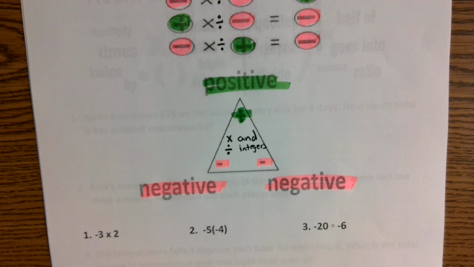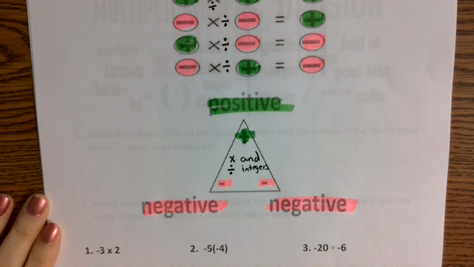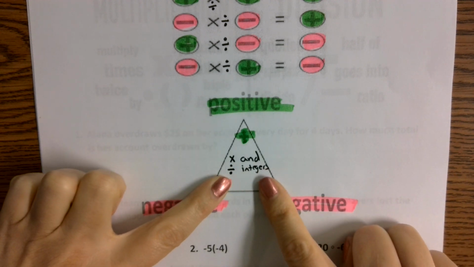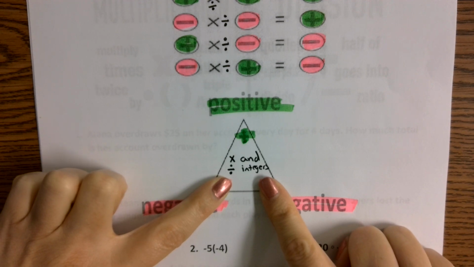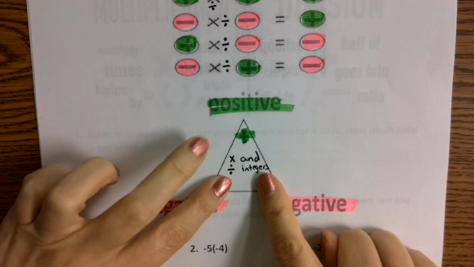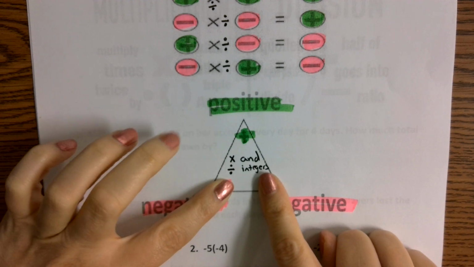Here's what I mean. If I know I'm multiplying a negative times a negative, I'm going to cover a negative and a negative, and what's the only thing left showing in my triangle? Positive. A positive. So I know a negative times a negative is going to give me a positive answer, or a negative divided by a negative gives me a positive answer.